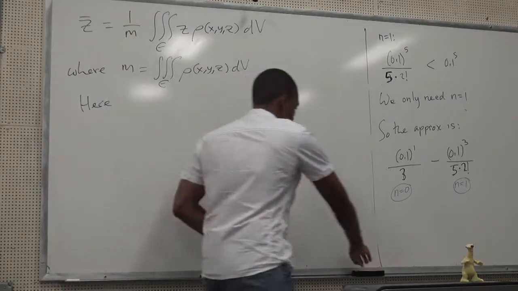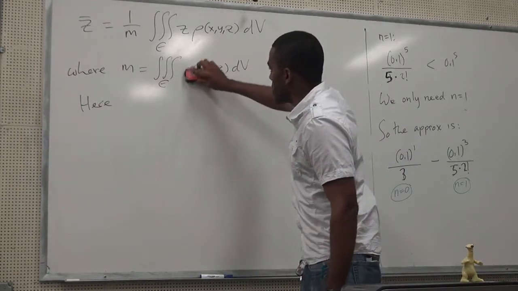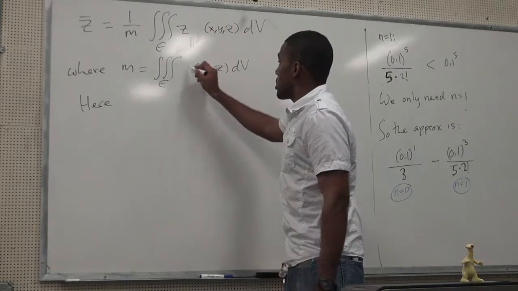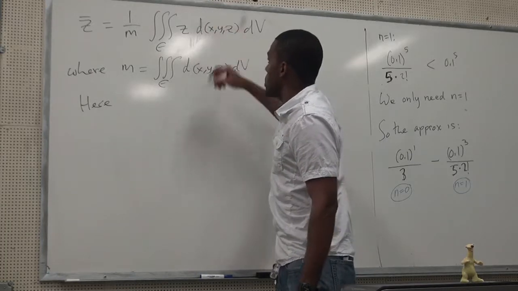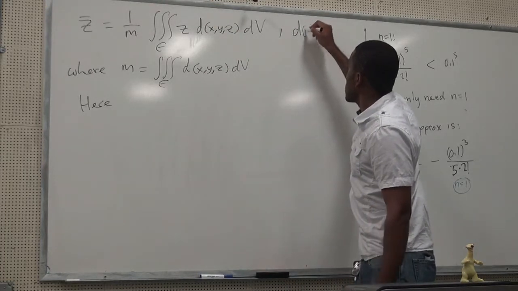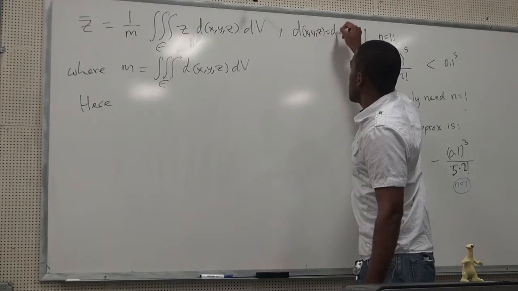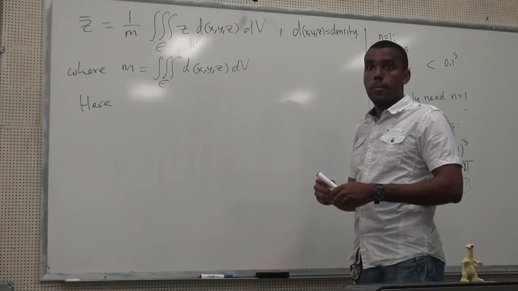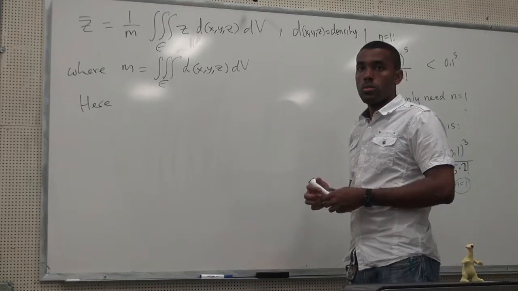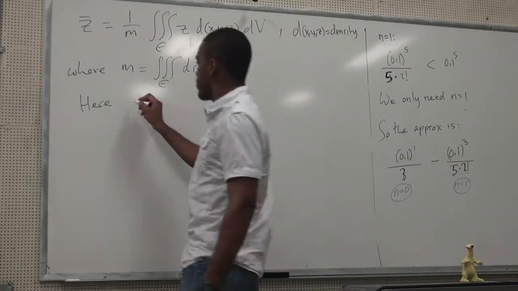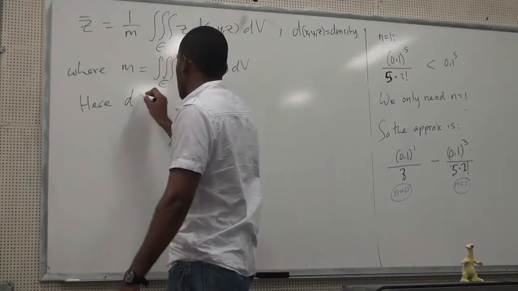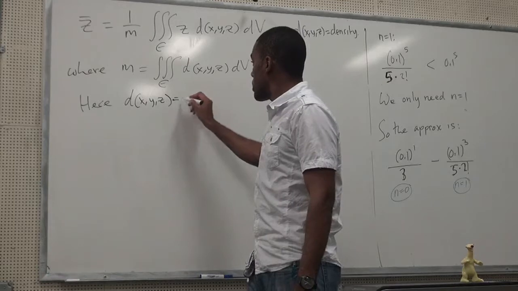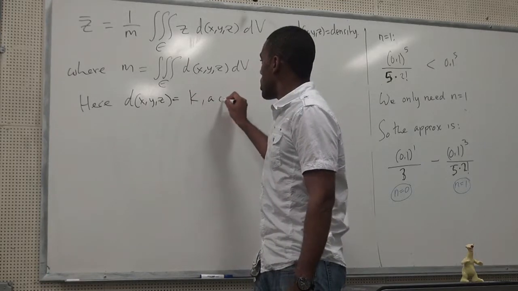Rho is probably a bad letter because they ask for spherical and we already have rho in spherical, so let's use a different letter, capital D. What's the density here? It's a constant, because it said uniform density. Whenever they say uniform density, it just means the density is a constant. It's always the same throughout the object. Call it K, the constant.